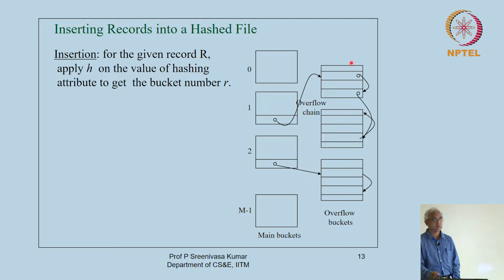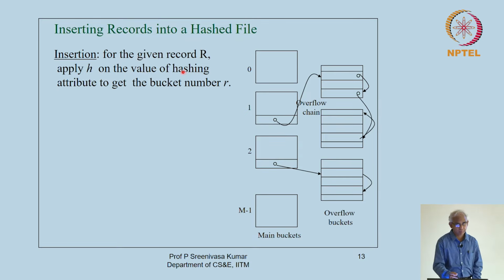You would have probably studied in a data structures course how to maintain the free list; the available free slots can themselves be arranged as a list. So you can take out one item from that list, insert that frame into this overflow chain and put that record in that place. That's how we can handle overflows in main data buckets.